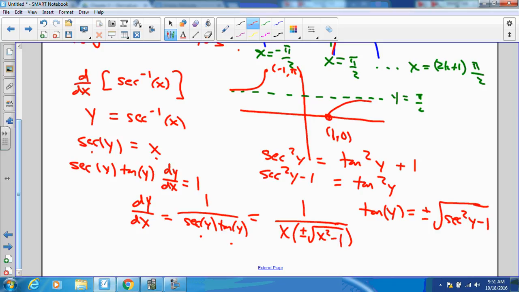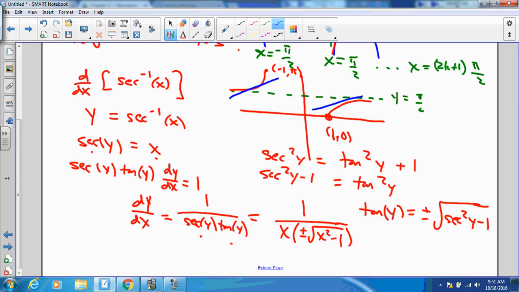If I replace down here, I observe I've got two possibilities. Now I go back to the graph of secant, and I observe that whether x is positive or negative, I'm going to have a positive slope. In other words, when x is positive, I want to take the positive root, and when x is negative, I want to take the negative root.